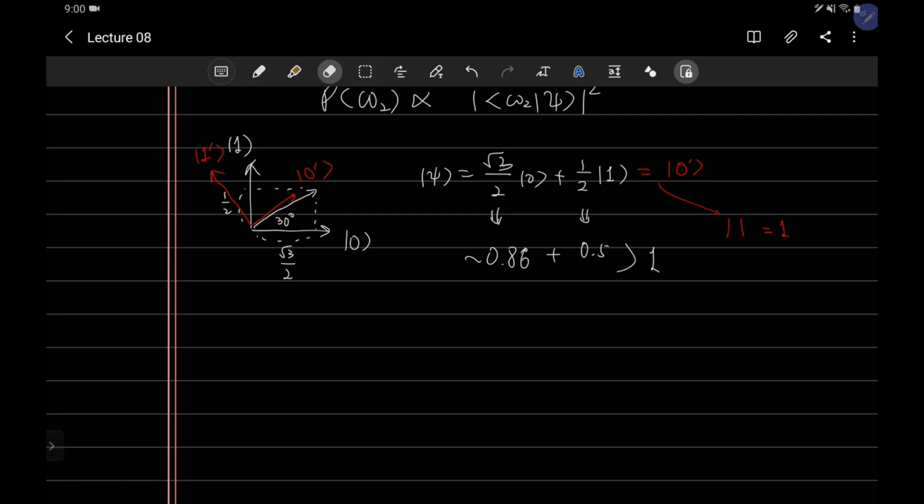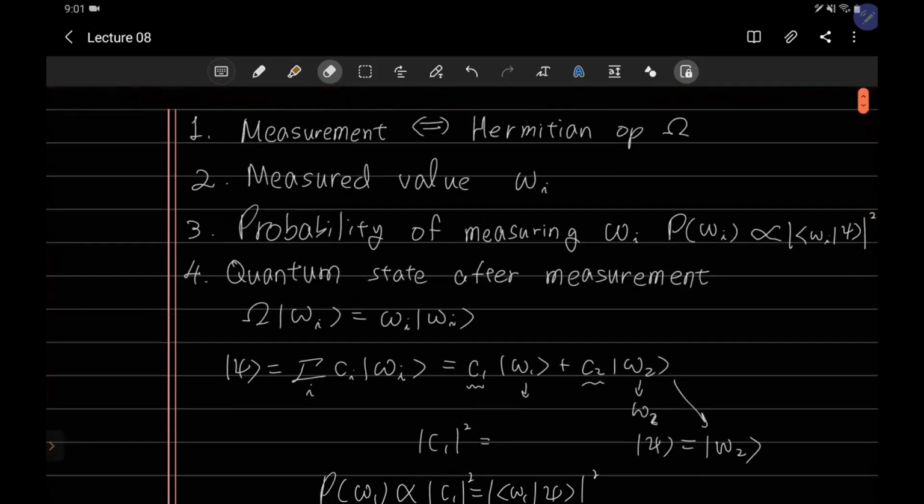One more thing I forgot to mention is that for this example, I intentionally normalized the coefficients, so the summation of the square of each probability amplitude is 1. Of course, the third postulate only says that the probability of measuring this one is proportional to the probability amplitude squared, but it doesn't say that it is equal.